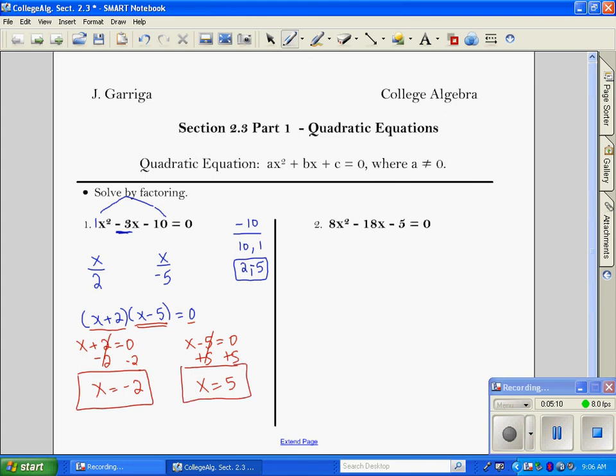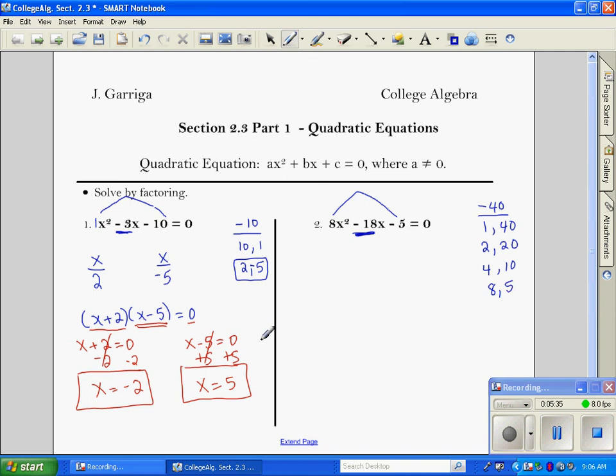In problem number 2, we're also going to factor using rooftops. So I want to know what multiplies to give us 8 times negative 5, which is negative 40. But when I add the two numbers, the factors, I want to get negative 18. So I start off by factors of 40. 1 times 40 is 40. 2 times 20 is 40. 4 times 10 is 40, 8 times 5 is 40.